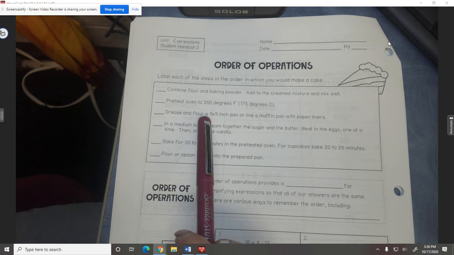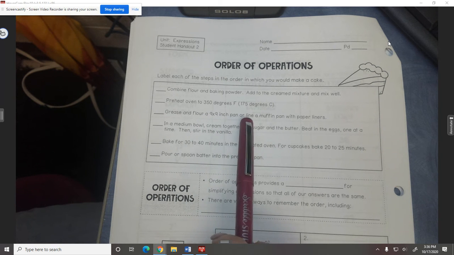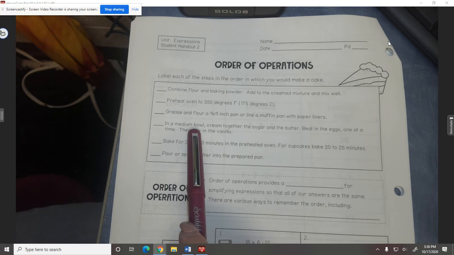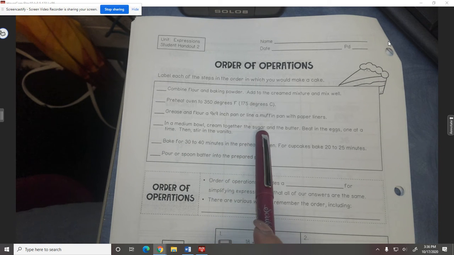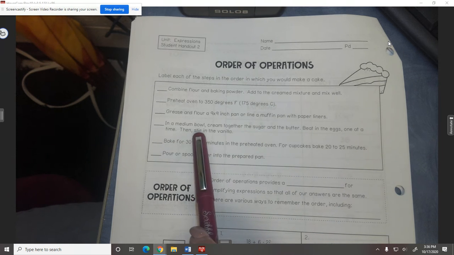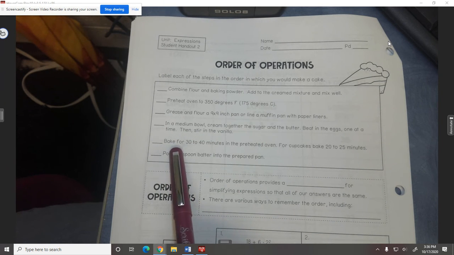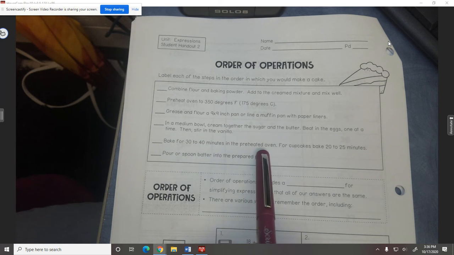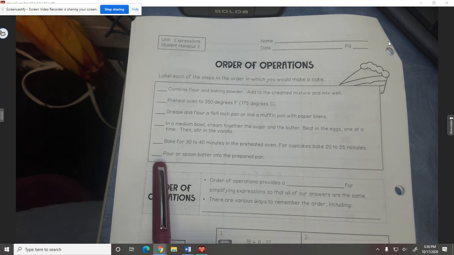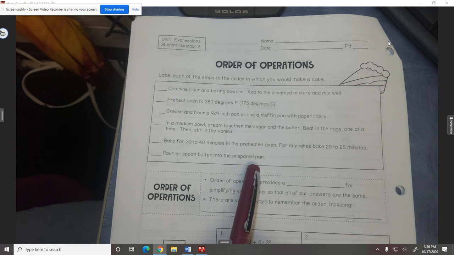Grease and flour a 9 by 9 inch pan or line a muffin pan with paper liners. In a medium bowl, cream together the sugar and the butter, beat in the eggs one at a time, then stir in the vanilla. Bake for 30 to 40 minutes in the preheated oven. For cupcakes, bake 20 to 15 minutes. Pour or spoon batter into prepared pan.